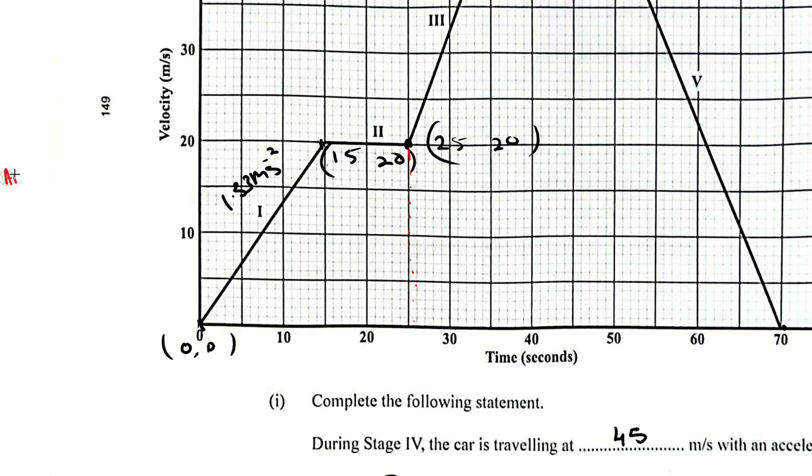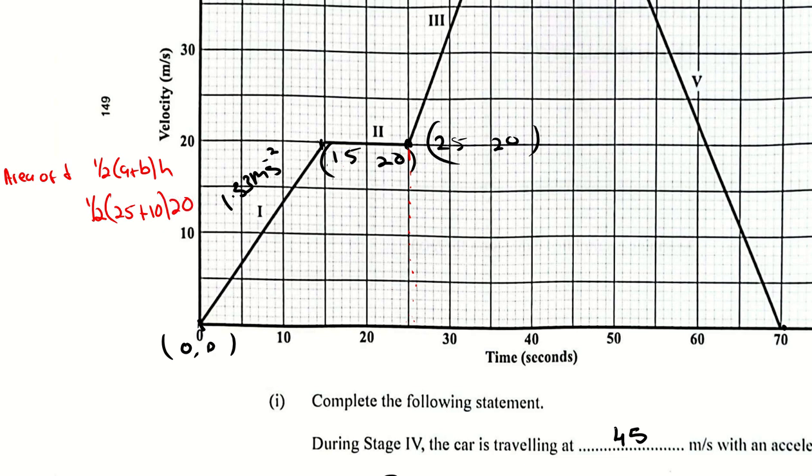So area of a trapezium is a half, a plus b, times your height. A and b are parallel sides. Height is the perpendicular height. That's a half. What is a? From here to here is 25. And then from here to here is 10. By a height from here to here is 20.